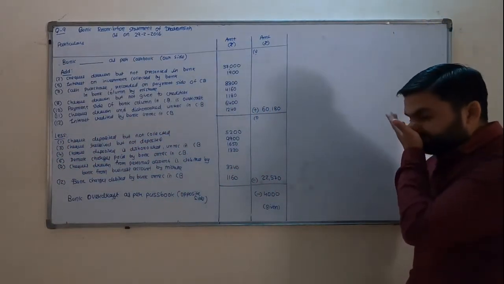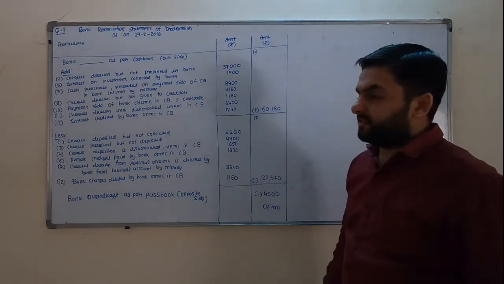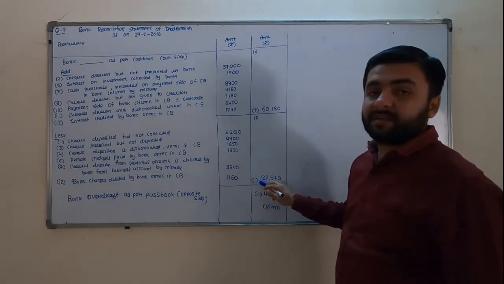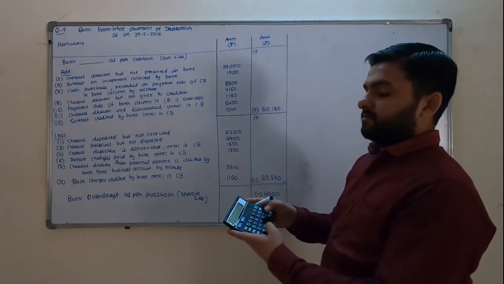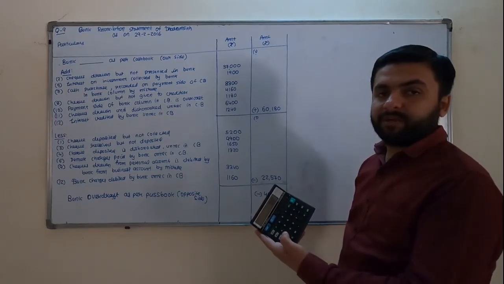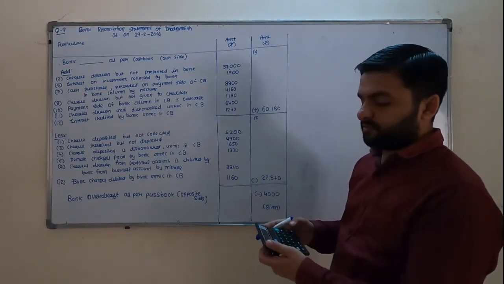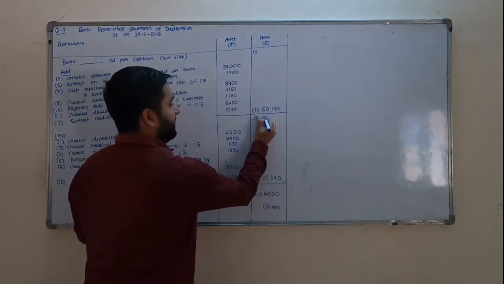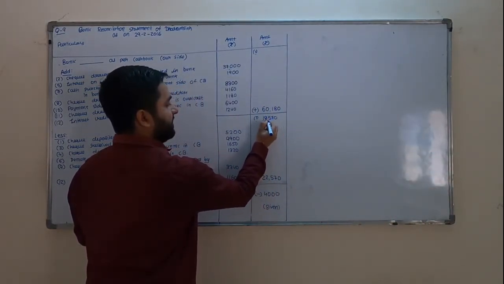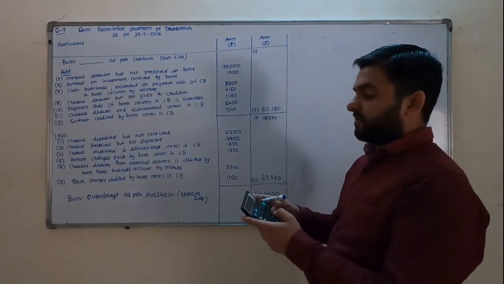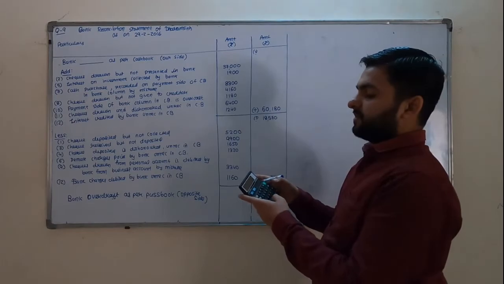Now friends, as I said, following the rules of mathematics, don't think about this transaction here; it is subtracted, so we have to add it back. So write -4,000 in your calculator and add +22,570. You will get 18,570. Again, this transaction is added, so we have to subtract 60,180.